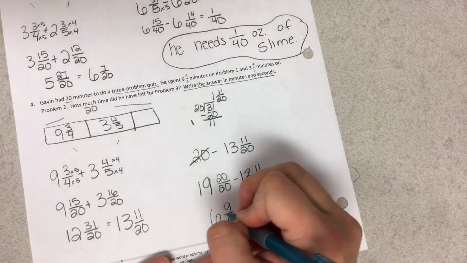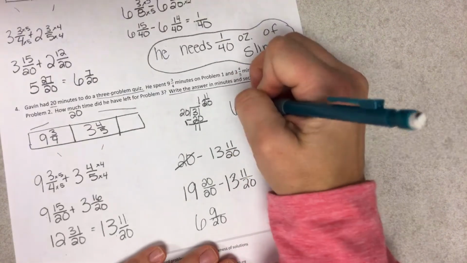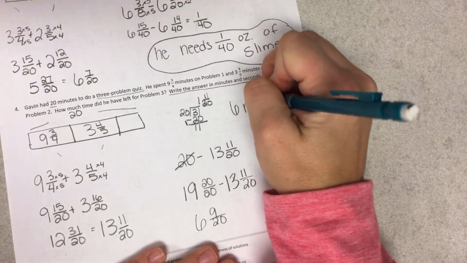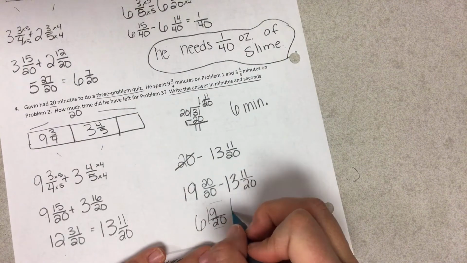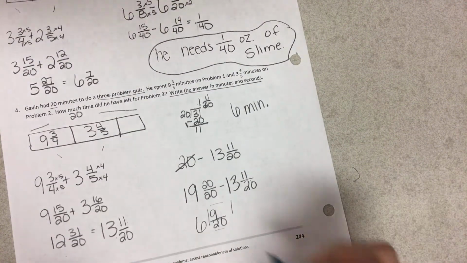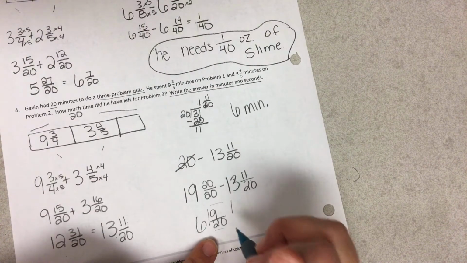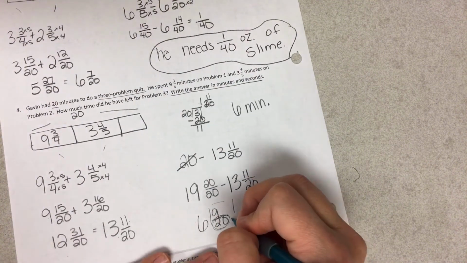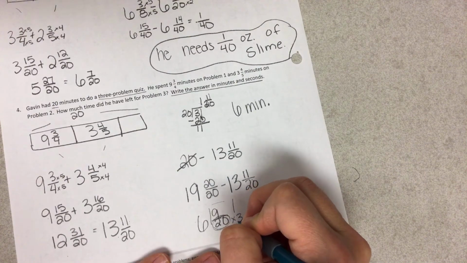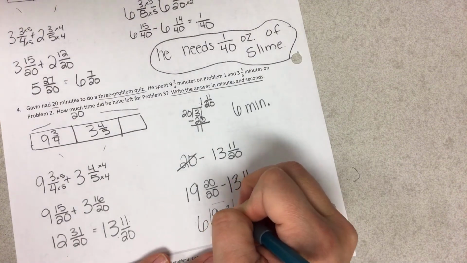Okay, so right now I know that he can spend 6 minutes, but I need to figure out this part right here in seconds. And I already know that 60 seconds are in a minute. So I just need to turn this denominator into 60. So to make that into 60, I'm going to multiply the numerator by 3 and the denominator by 3.